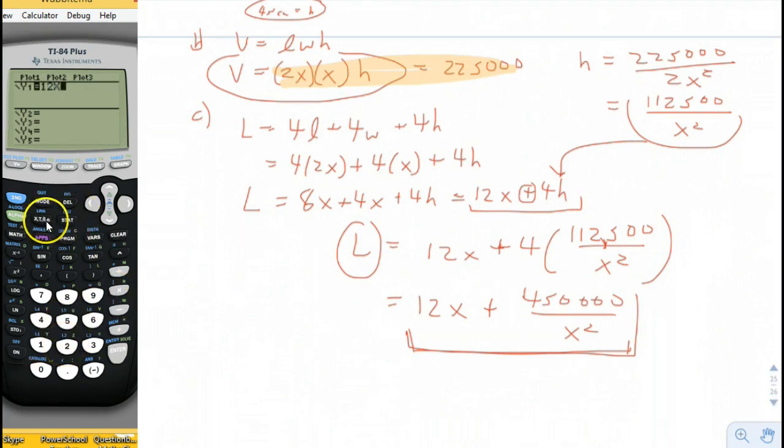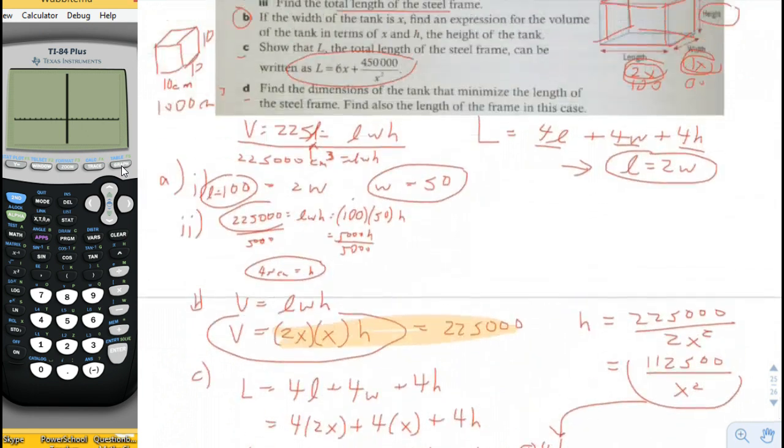So it's 12x plus 450,000 divided by x squared. Okay, and that's going to graph, and then we want to find the minimum length of the steel frame.